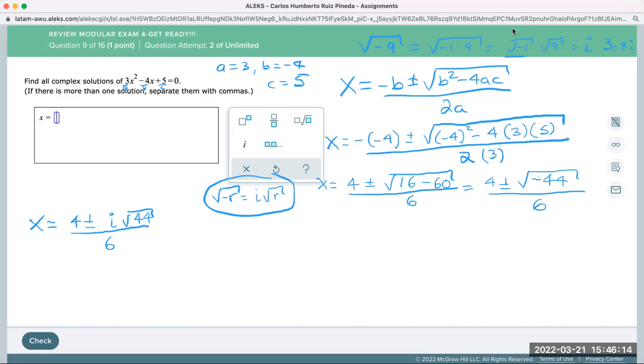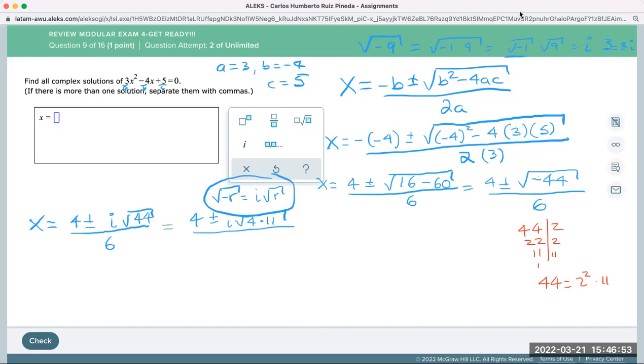Now, how can we make this smaller? How can we simplify 44 more? We factor it, and we need to find the square, right? 2, 22, 2, 11, 11. So 44 can be written as 2 squared times 11. So we can write, instead of 44, 4 plus or minus i square root of 4 times 11, right?